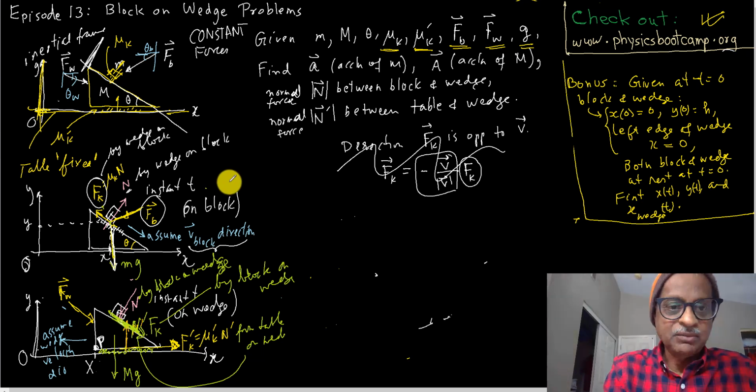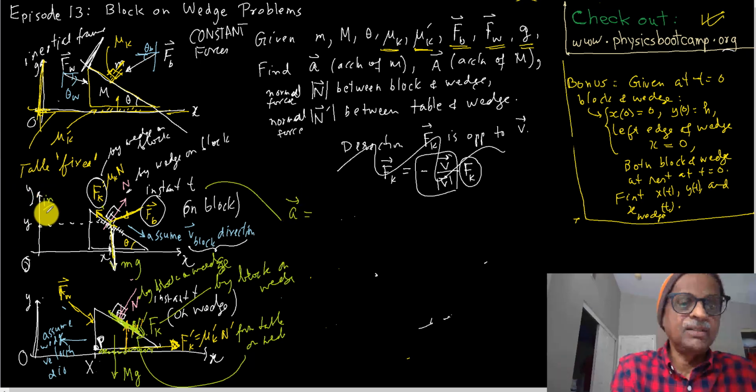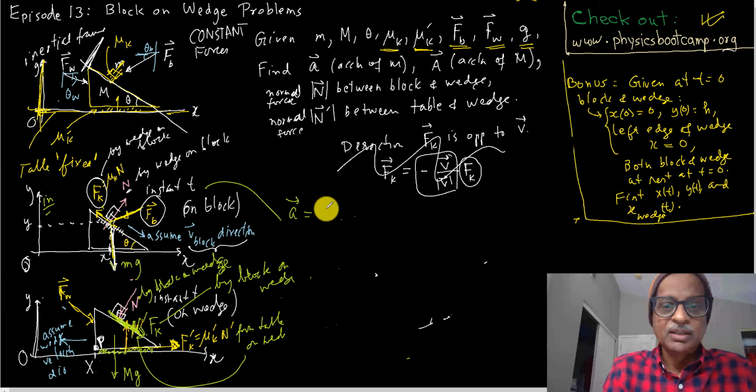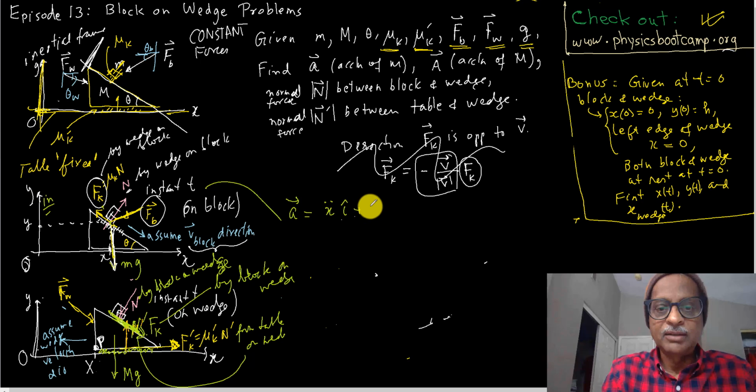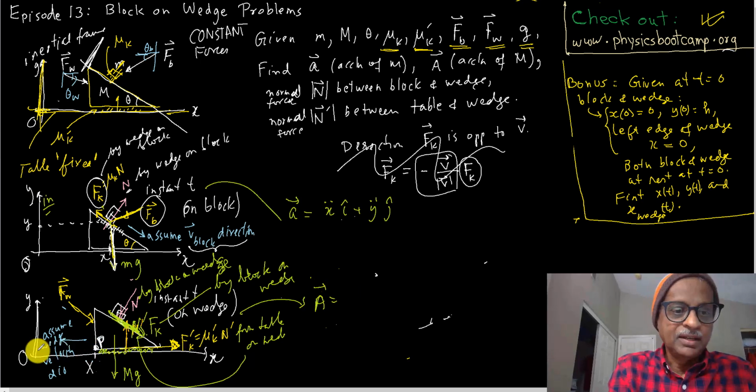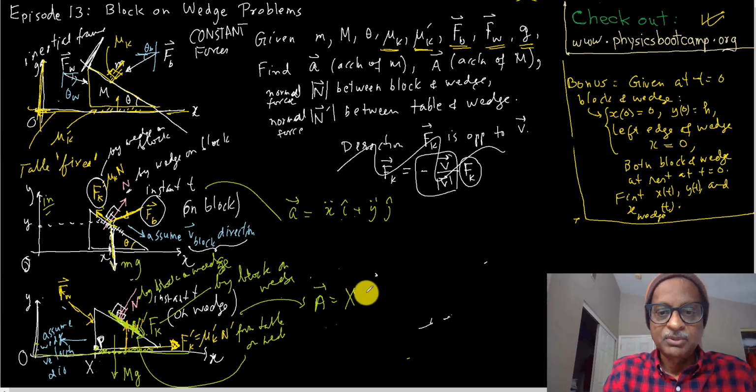So the acceleration of this guy, with respect to the inertial frame, is going to be x double dot i hat plus y double dot j hat, and the acceleration of the wedge will simply be, since I locate this wedge on the table by the x coordinate of this point P, capital X double dot i hat. Dot means d/dt.